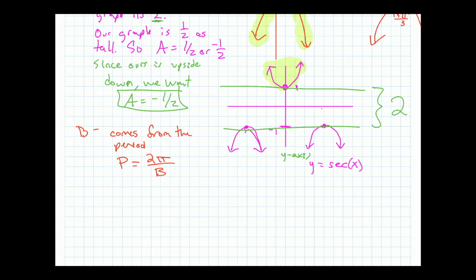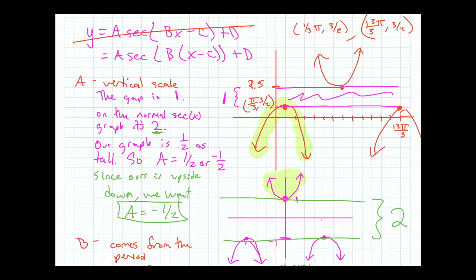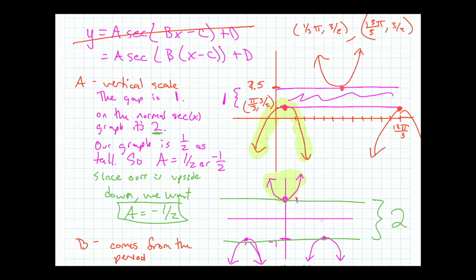Now, in order to get the period, we're going to measure P on the graph. So you go up to your graph and ask, what's 1 period? One period on your graph is basically the 2 points that they gave you. From here over to here, that's 1 period, because that's how far you go before the graph repeats itself.